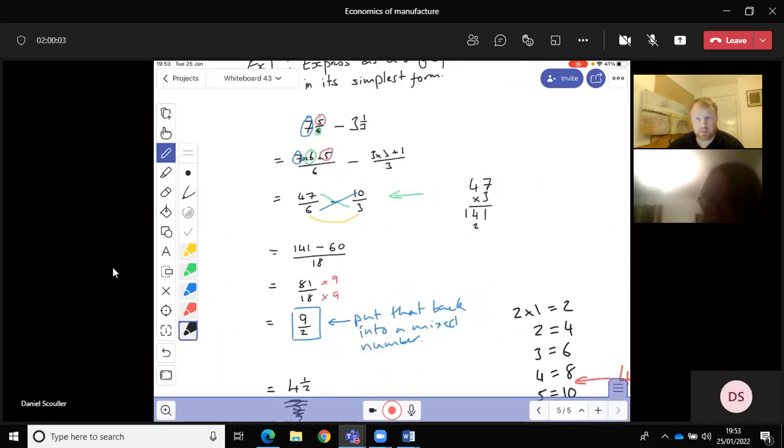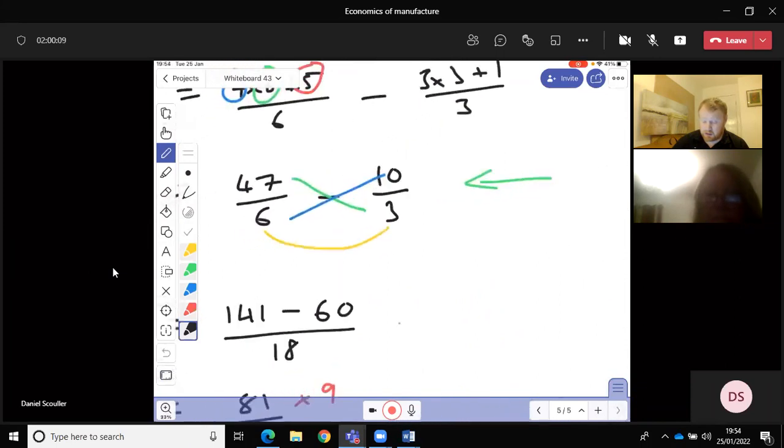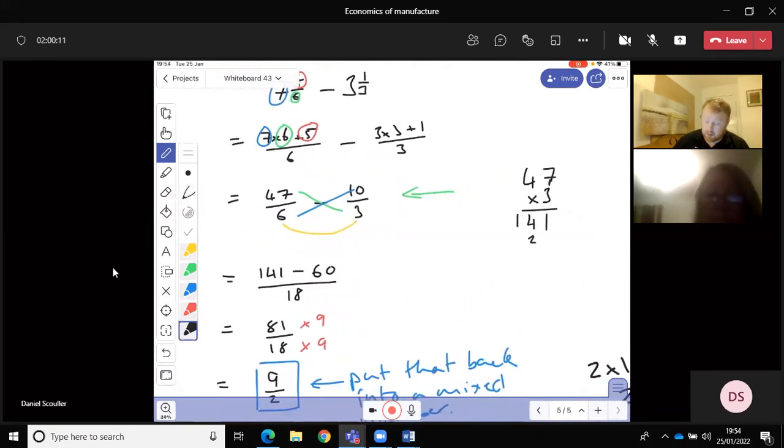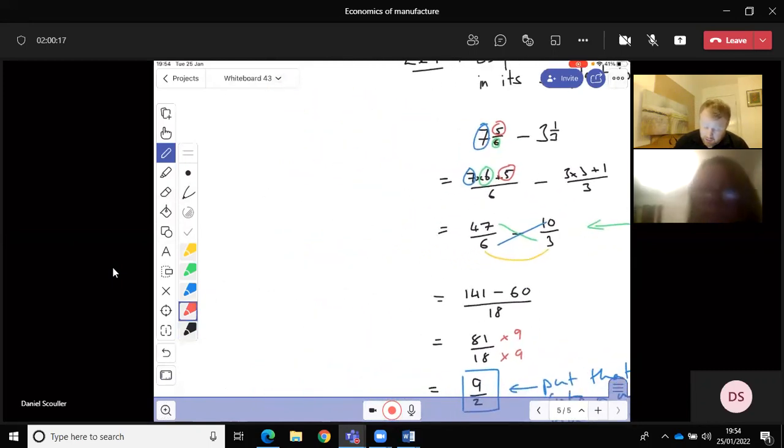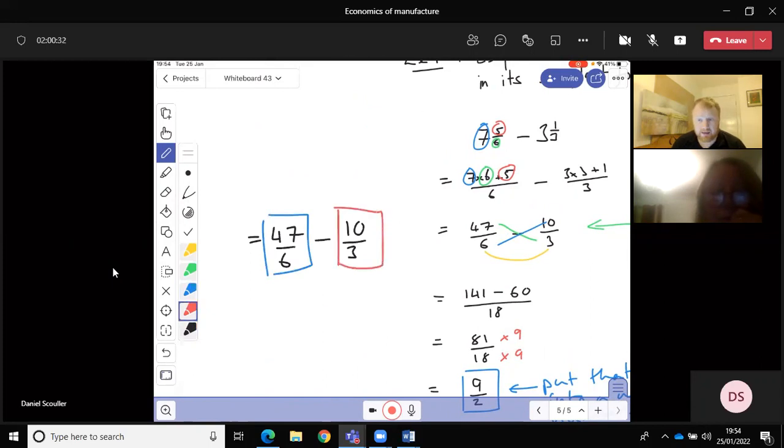So when you do kiss smile, you need to do that cross multiplication as well. Okay, so you're effectively doing the same thing. Okay, but we call it kiss smile because it's a nice wee thing to remember. Okay, but essentially you're doing the same thing. So if I have that line, 47 divided by 6 minus 10 over 3. Okay. I'm multiplying that whole thing by 3, and I'm multiplying that whole thing by 6.